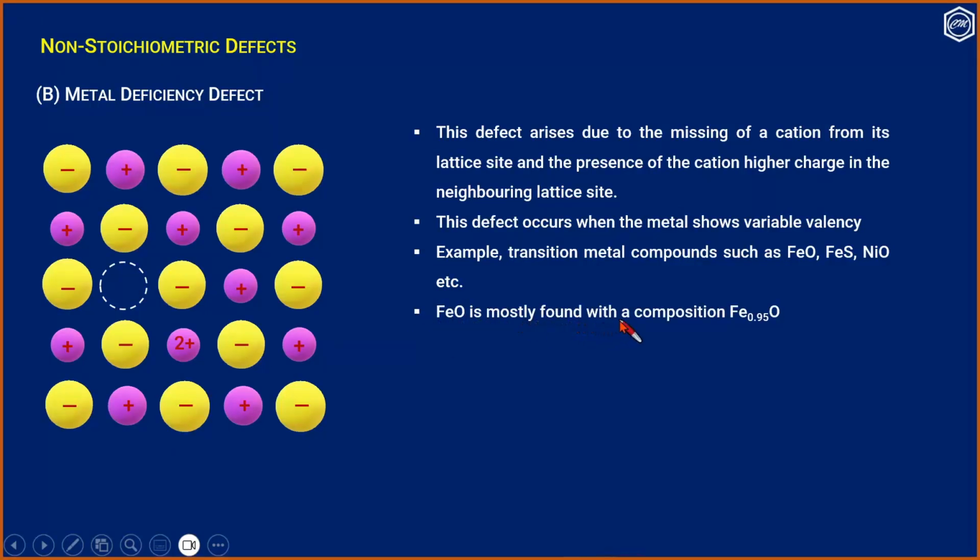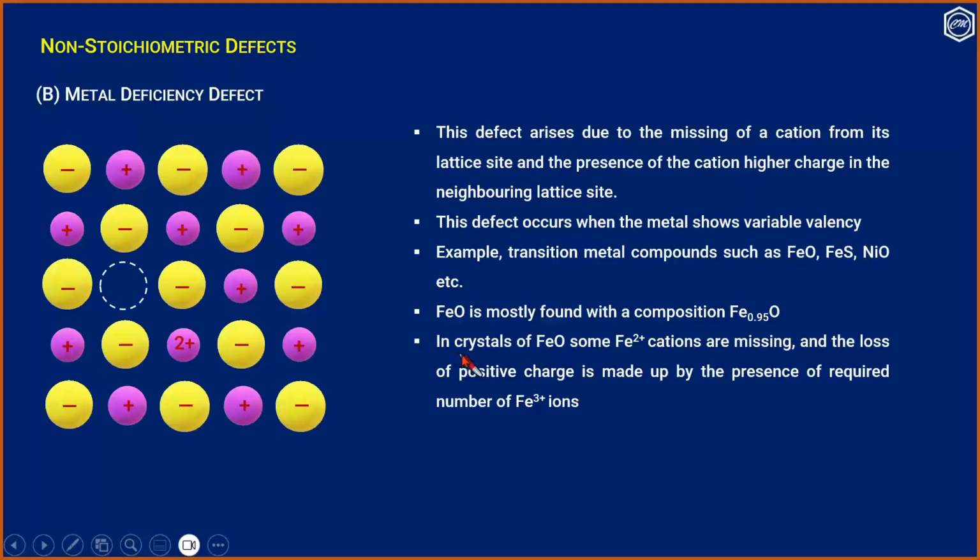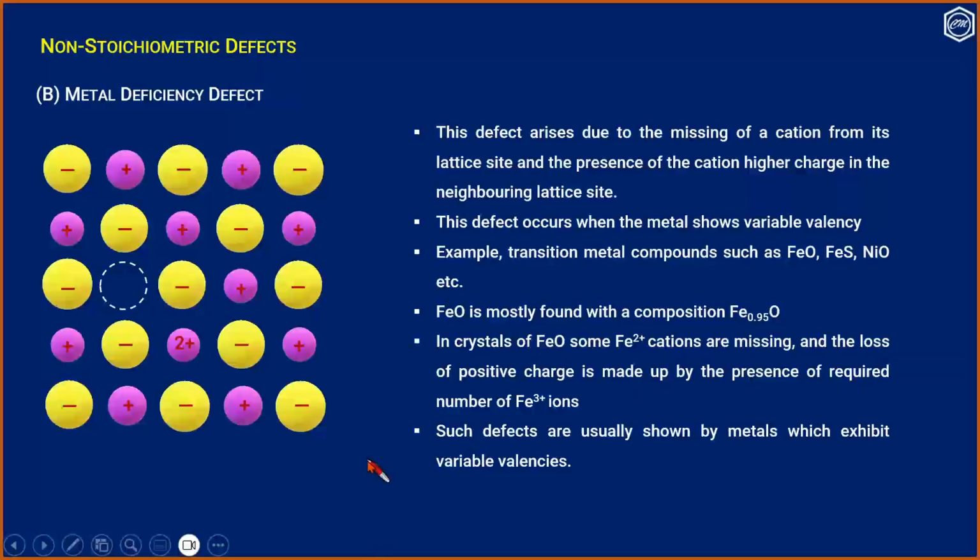FeO is mostly found with a composition of Fe0.95O. In crystals of FeO, some Fe2+ cations are missing and the loss of positive charge is made up by the presence of the required number of Fe3+ ions. Such defects are usually shown by metals which exhibit variable valencies.